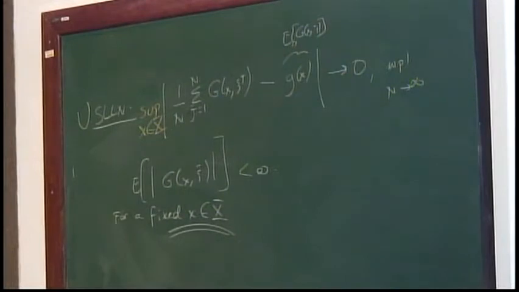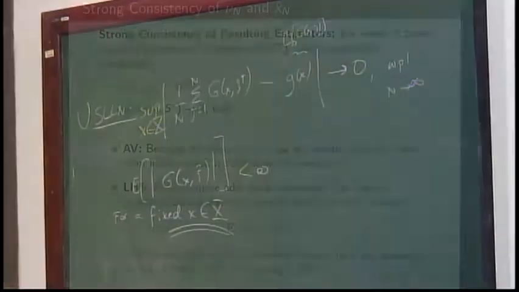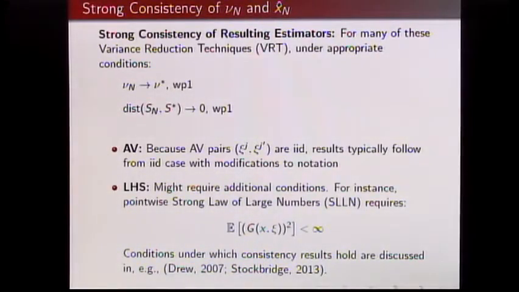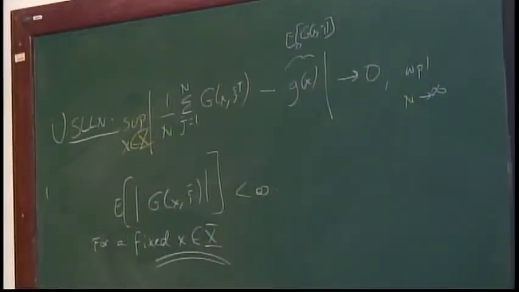If I get that, then I'll have this. Under some additional conditions, I'm going to get that as well, say continuity, compactness and whatnot. Again, one way to show uniform is you have pointwise, and then if it's convex, continuous, etc., or x is finite, for example, you automatically get uniform convergence. So these are easy cases.